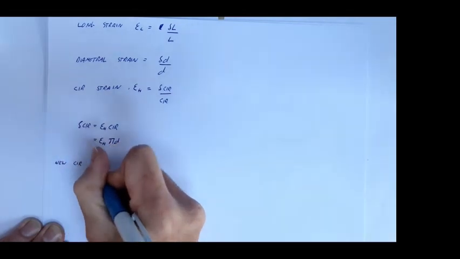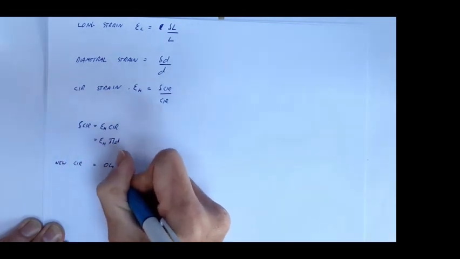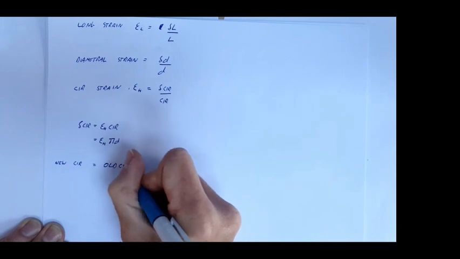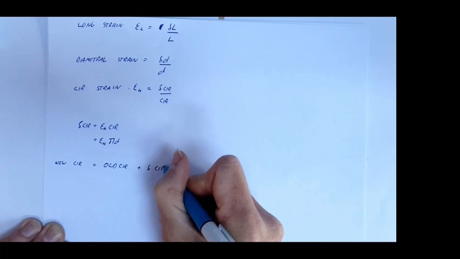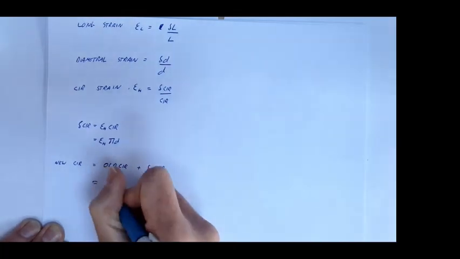So the new circumference will be the old circumference plus the change in circumference. Now the old circumference was pi d.